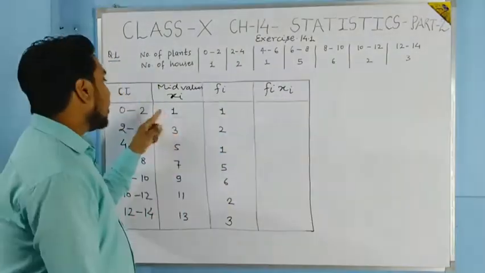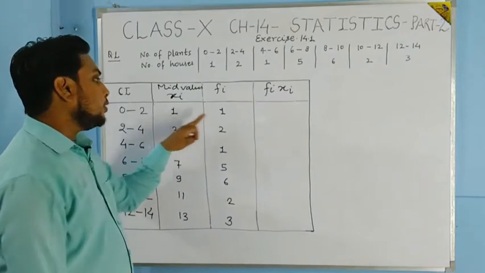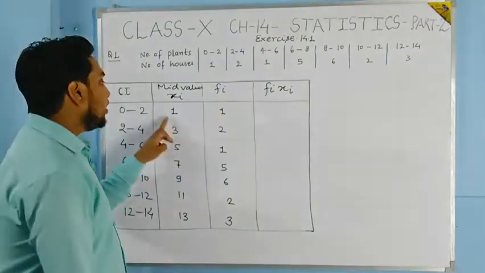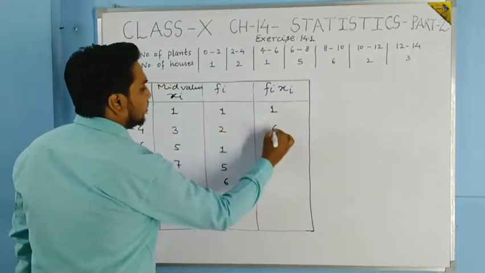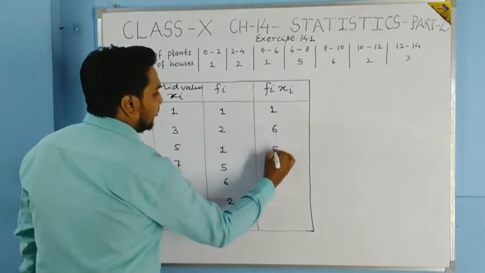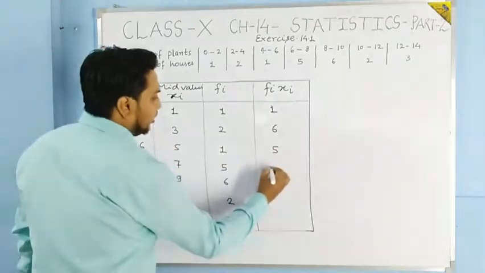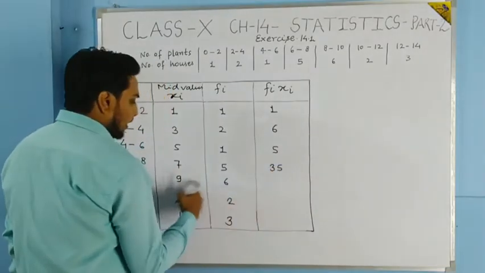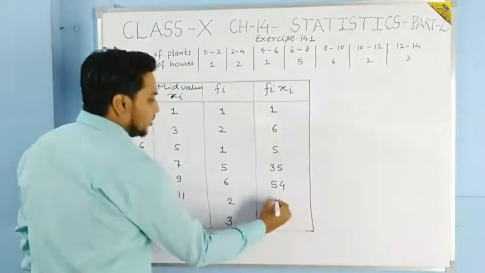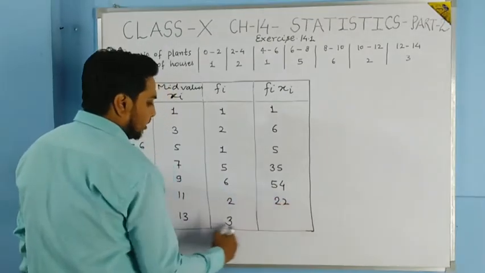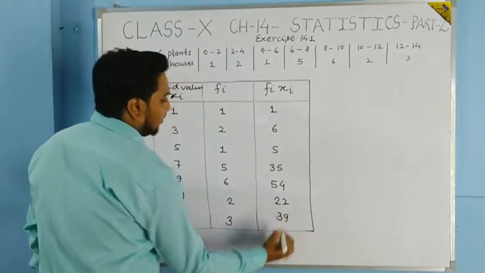Means we will multiply this x1 to f1. So here 1 ones are 1, 3 twos are 6, 5 ones are 5, 7 fives are 35, 9 sixes are 54, 11 twos are 22, and 13 threes are 39.